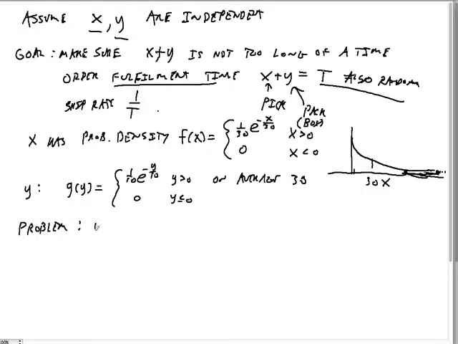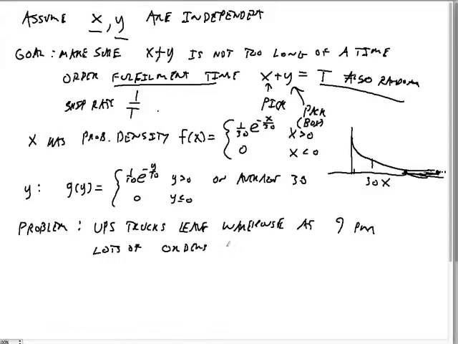So we have our UPS trucks leave the warehouse at 9 p.m. But let's say we're an online retail organization, maybe we have lots of orders come in after 8 p.m. After everyone has dinner, after the kids get to bed, then people open up their computers and decide to order whatever item they want to order and have it delivered.